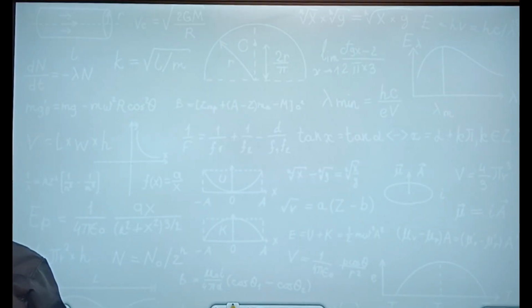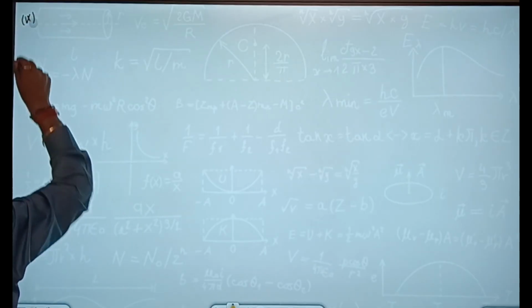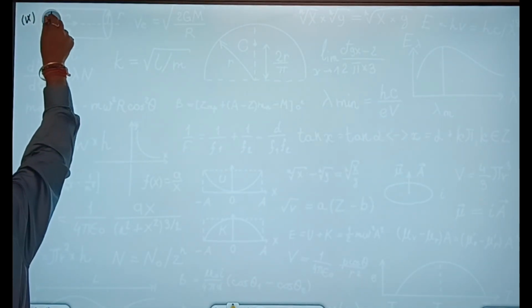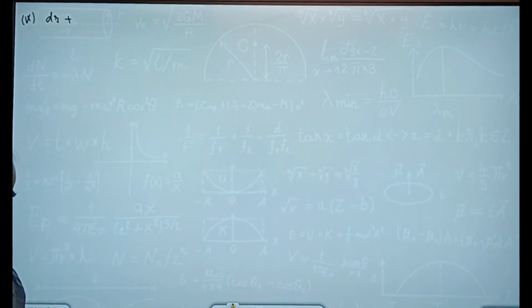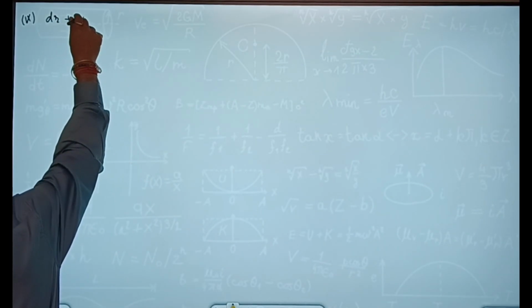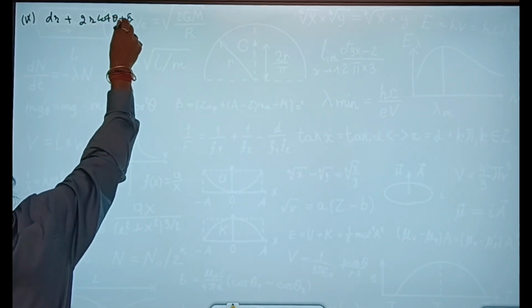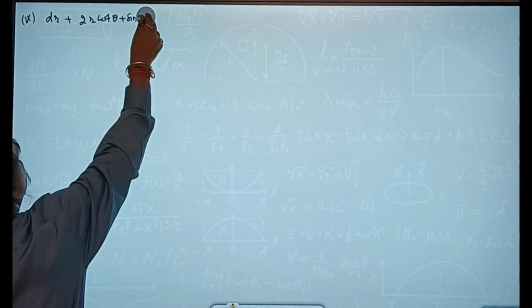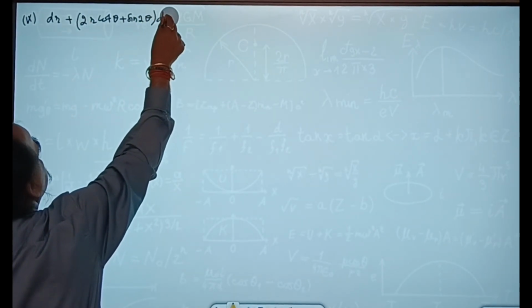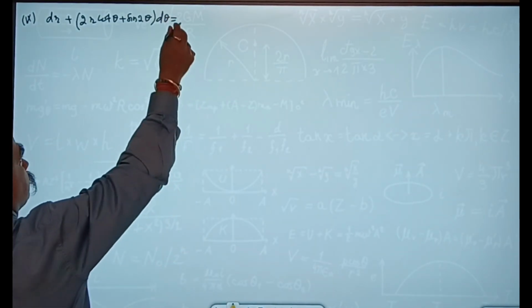Ninth is dr plus 2r cot theta plus sin 2 theta d theta is equal to 0.